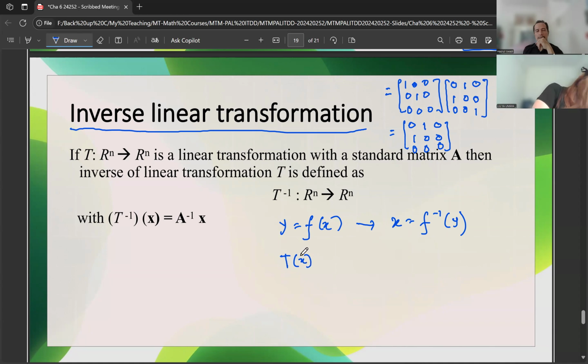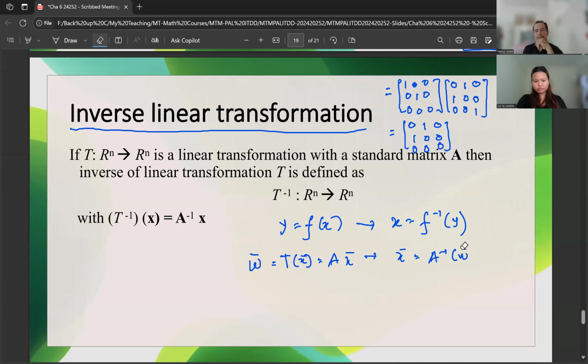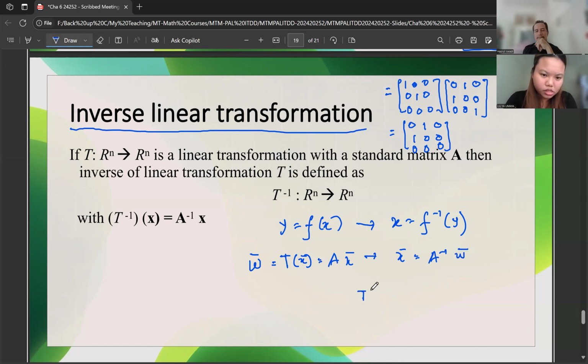T operates with A on x, and this is a vector w, and then the inverse will be x is A inverse of w. This is what we have with the inverse in linear transformation. So the matrix of T inverse is A inverse.